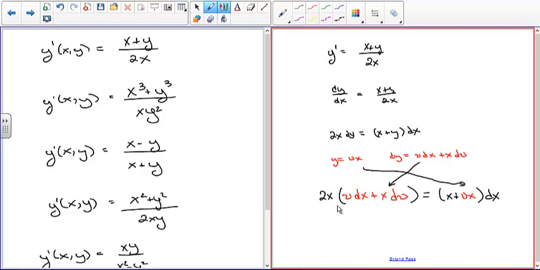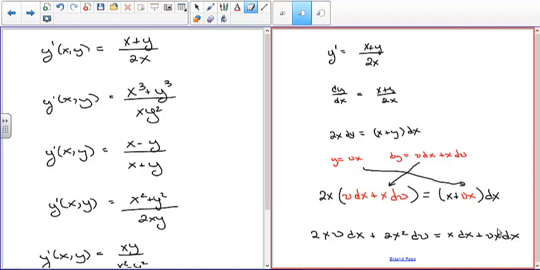Okay, let's multiply everything out. So we're going to distribute this 2x to those two terms. So you get 2x nu dx, plus 2x times x, so that's 2x squared d nu. And then on the right hand side we've got x times dx, and then nu x times dx, plus nu x dx.